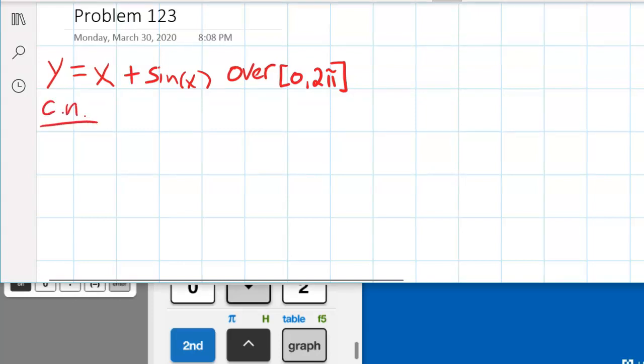we first need the derivative, and so y prime is going to be 1 plus cosine x. And that function definitely is well defined over the interval 0 to 2 pi. So the derivative won't go undefined. So now to find a critical number, we'll just set that to 0 and solve for x.